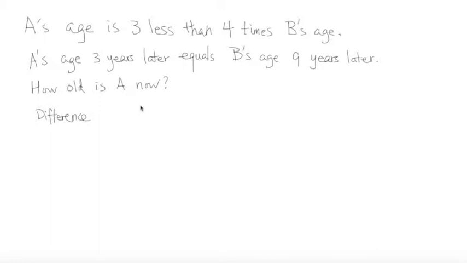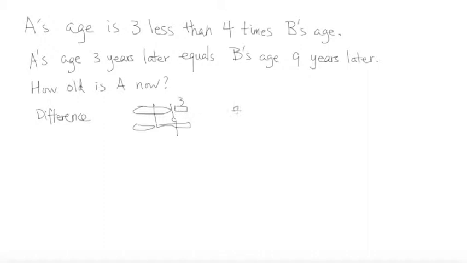So let's see. A's age, let's use the graph. A's age, you add 3 years later, equals B's age adds 9 years. The graph will explain the picture. So you see A's age is definitely longer in terms of the graph. And what's the difference? Well, the difference is here. That's the difference between 9 and 3.